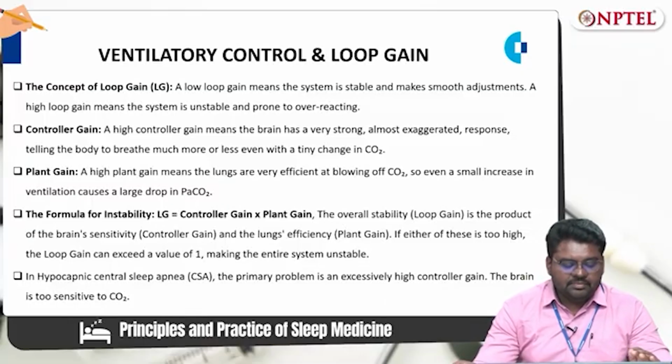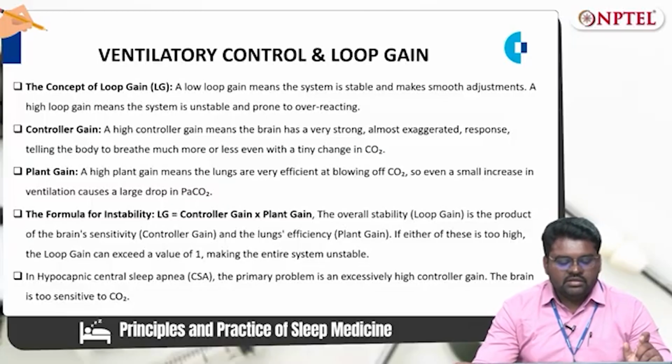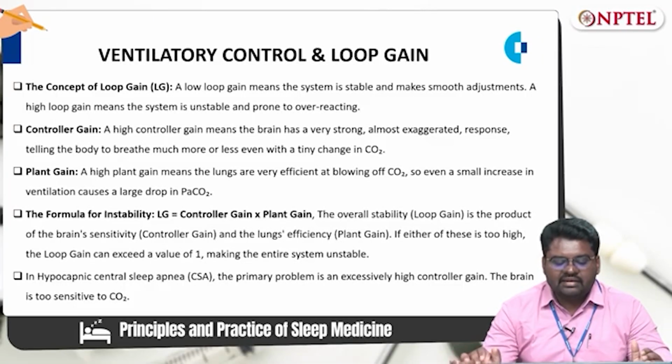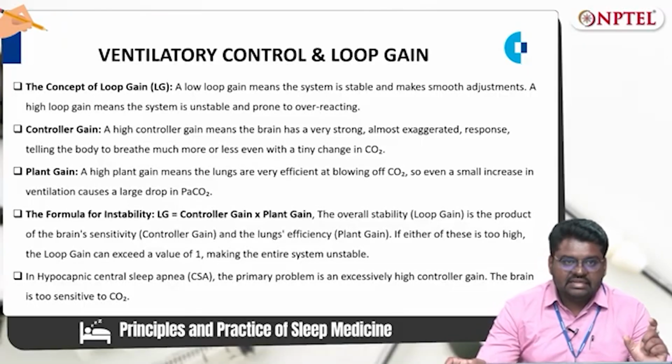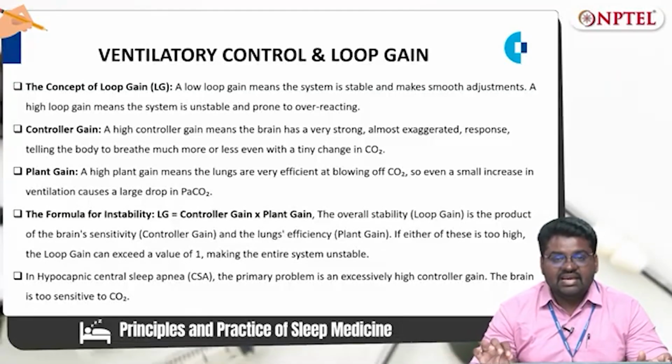Okay. The next point will be the formula for instability. Why does the instability occur? So the whole loop gain is basically the controller gain and plant gain. The overall stability is a product of the brain's sensitivity, that is control, and the lungs' efficiency, that is response.